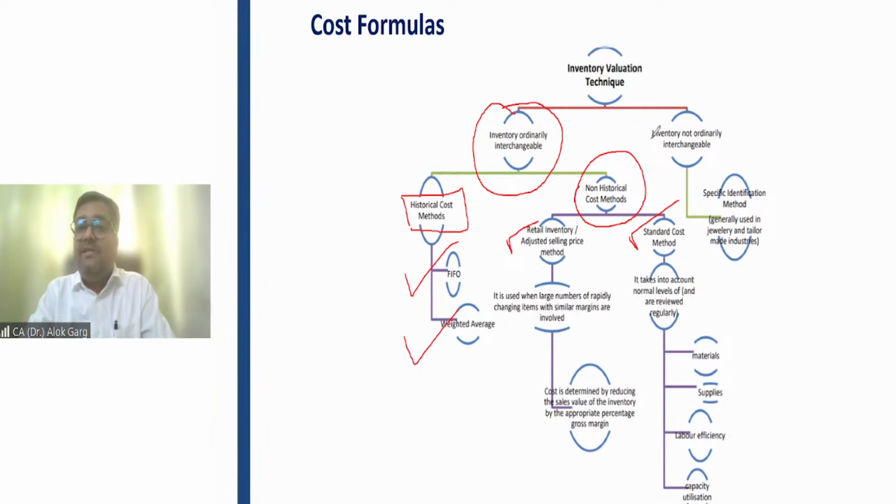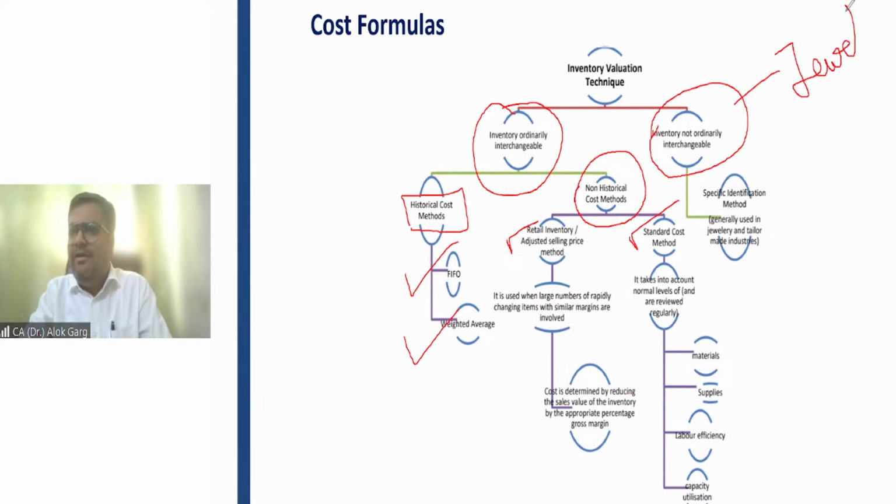Now the second case, when inventory is not ordinarily interchangeable. Modified cars, jewelry, for example. If I talk about jewelry, of course, it is not ordinarily interchangeable, right? So in case of jewelry, the specific identification method is used. In case of modified cars, the specific identification method is used.